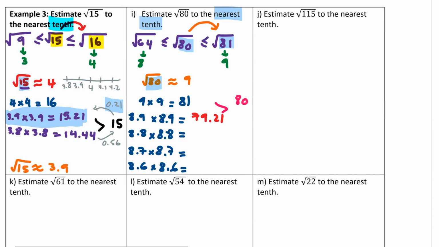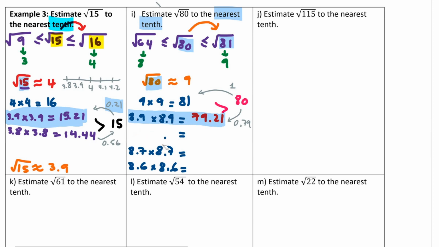Okay, which is closer to 80? 81 to 80 is one whole number. 79.21 subtracted from 80 is about 0.79 away. 0.79, so less than 1. So the closer number to 80 is 8.9 times 8.9, which is 79.21.